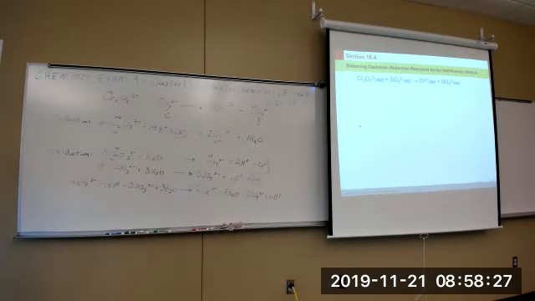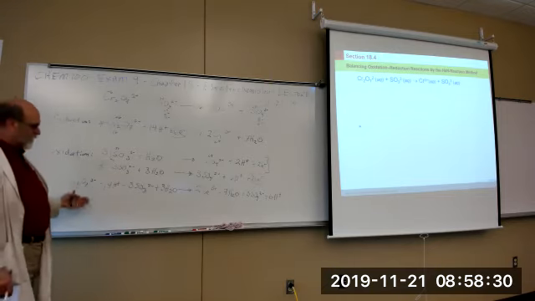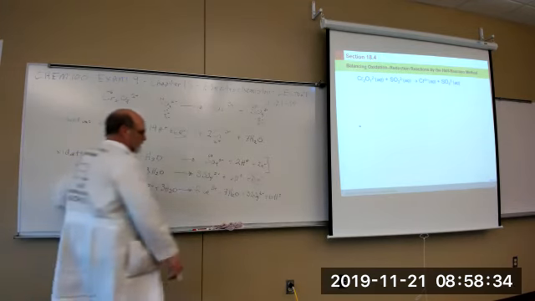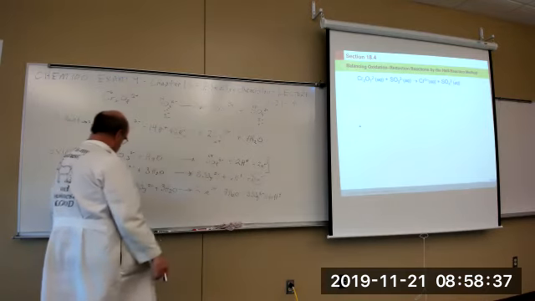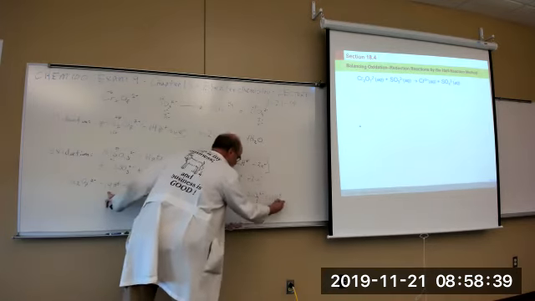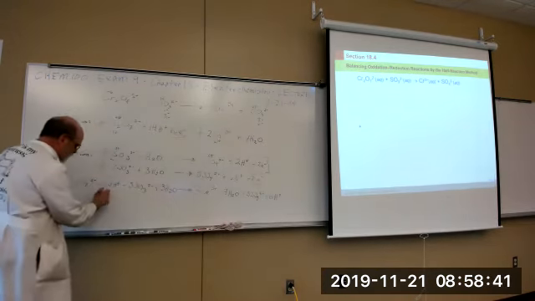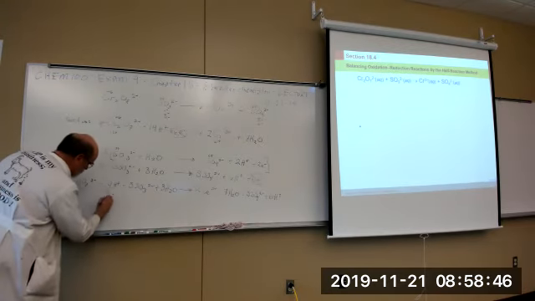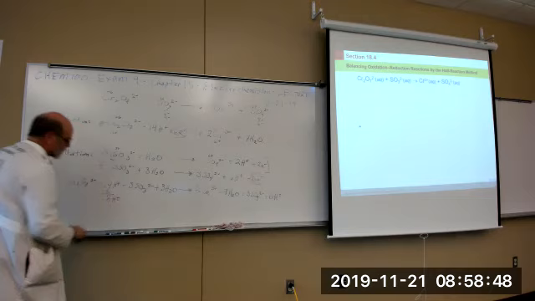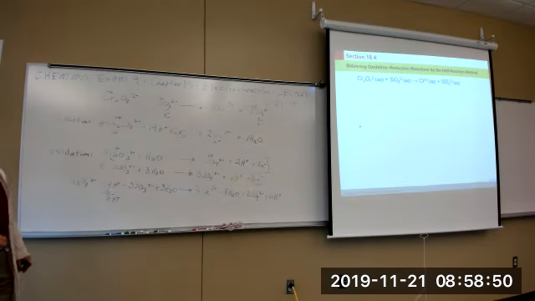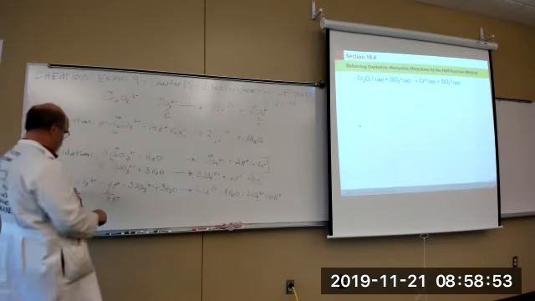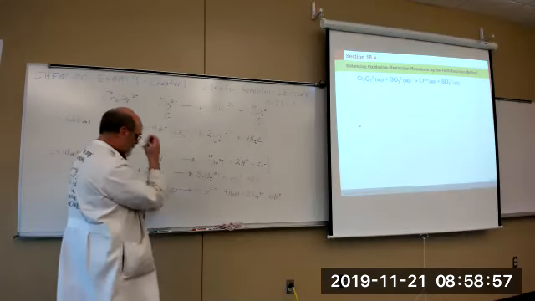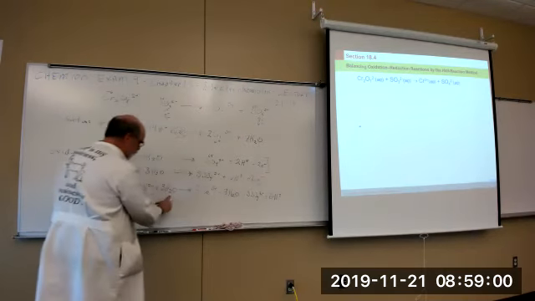Now what you do is you look for the same thing on both sides. Right? So we have 14 hydrogens on this side, 6 on this side. Right? So these go out, and they came from these, right? So that's 8 hydrogens on that side left over. And then waters. We've got 7 waters over here and 3 over here.